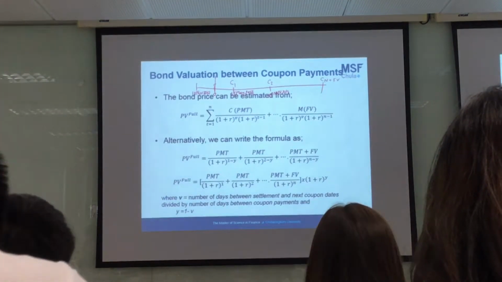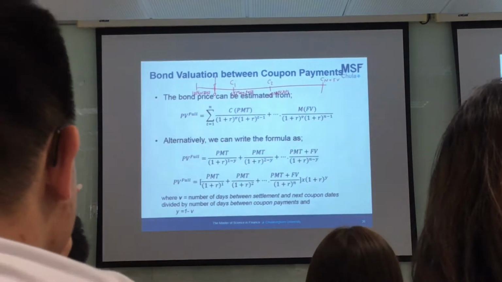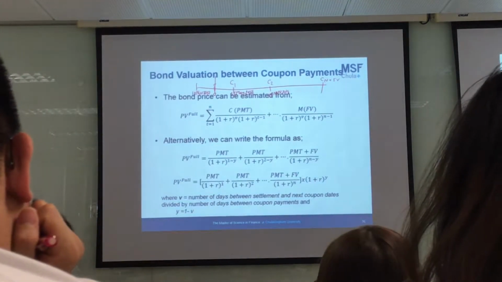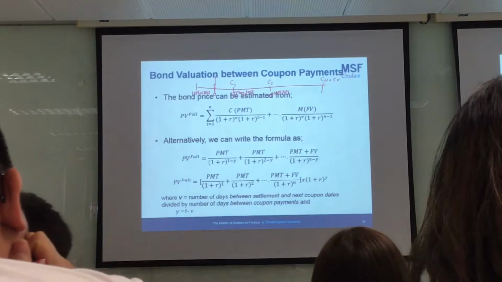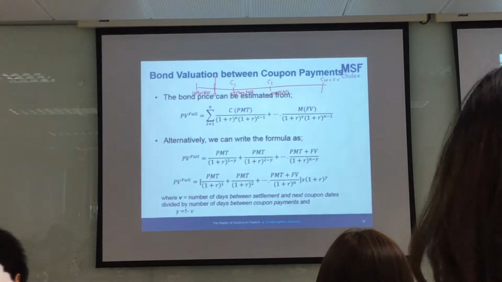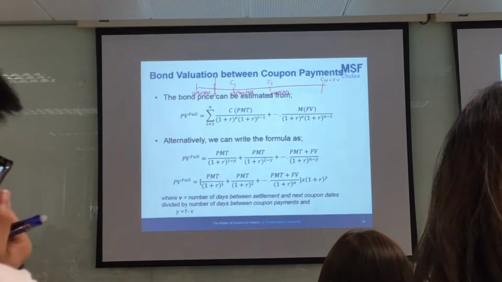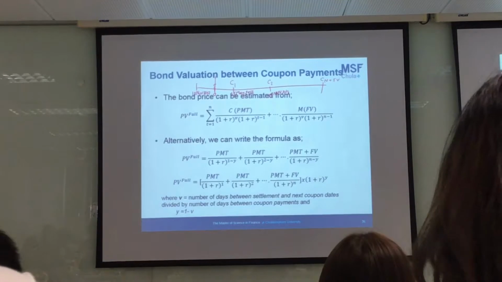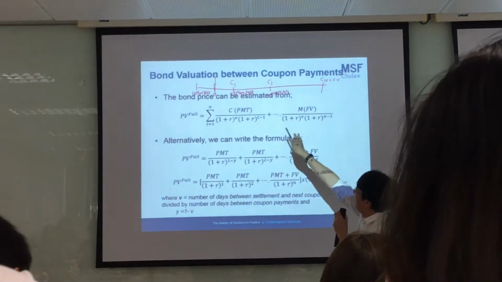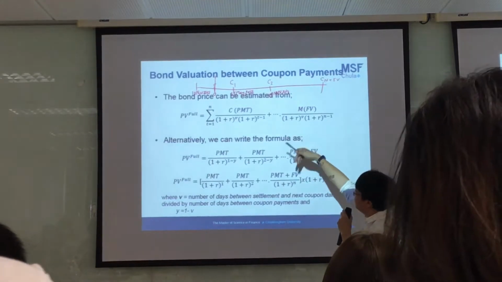15 November 2017 is the last coupon payment. The next coupon payment is 6 months later, so it will be on 15 May 2018. Why, in the previous slide? Let me talk about V first in this equation.